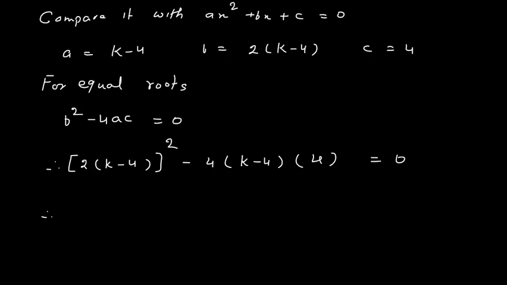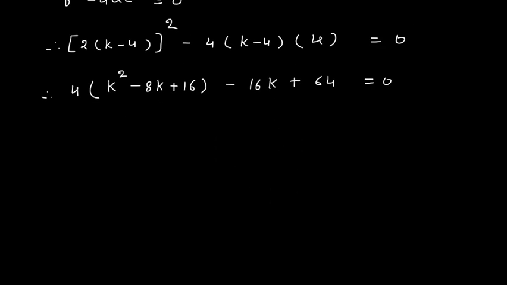So therefore this is 2 to the power 4, and here (k minus 4) the whole square is k square minus 8k plus 16, minus 4 4s are 16. So 16 multiplied by k is 16k, and this minus minus is plus, 4 4s are 16, 16 4s are 64, and this is equal to 0.